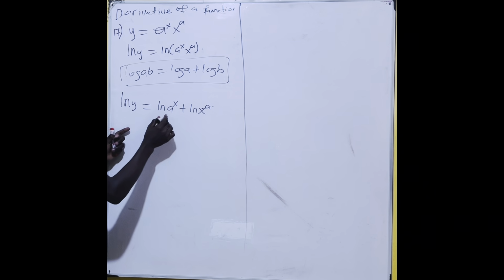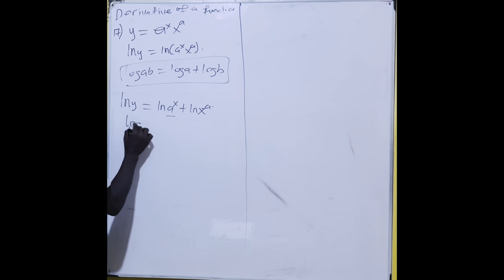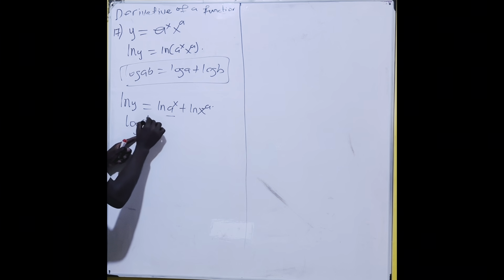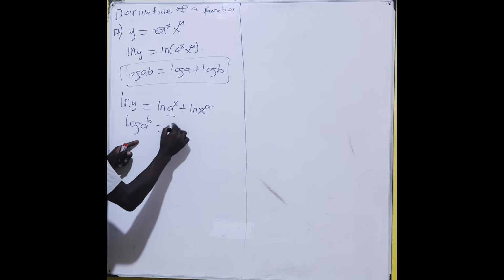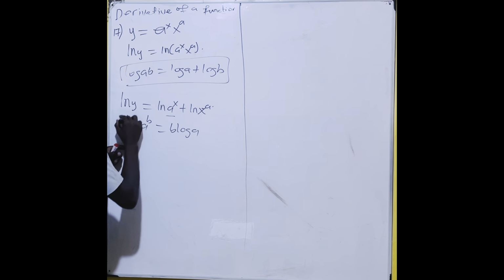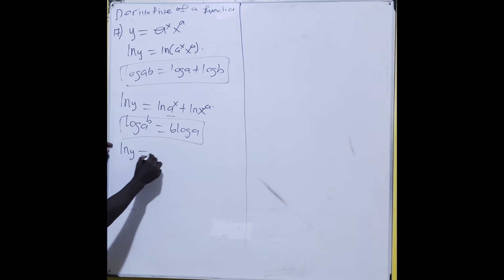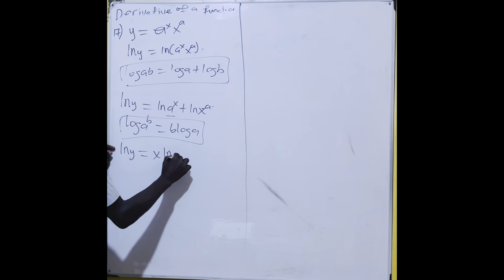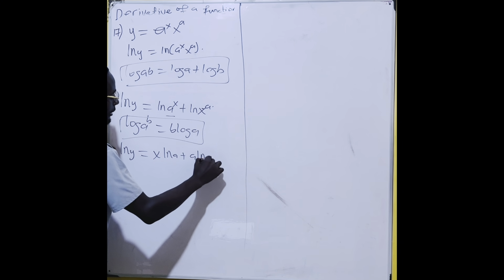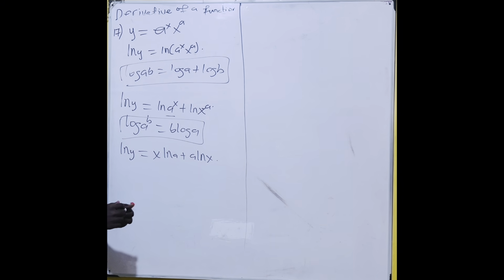Here as well, log a to the b is equal to b log a, so we apply this property. So we're going to have ln y equals x ln a plus a ln x, right?